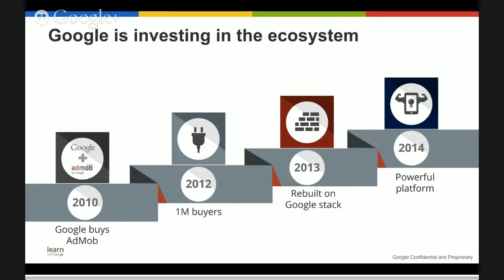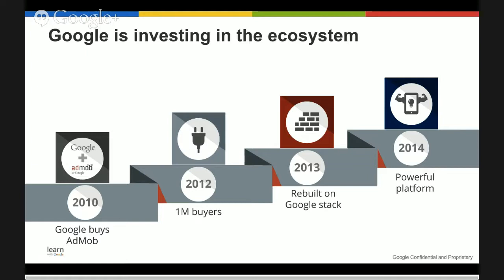First of all, a very brief overview on how we are investing in the mobile app ecosystem. We bought AdMob in 2010, and since then we have been investing a lot to increase the technology and to provide you with the best technology that we can offer, and with a product that can really help you get all the value that you deserve from your original content and your app.